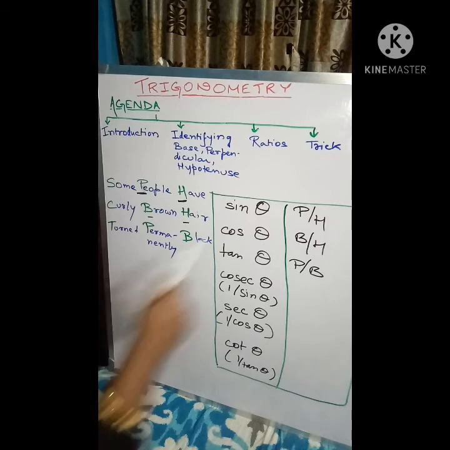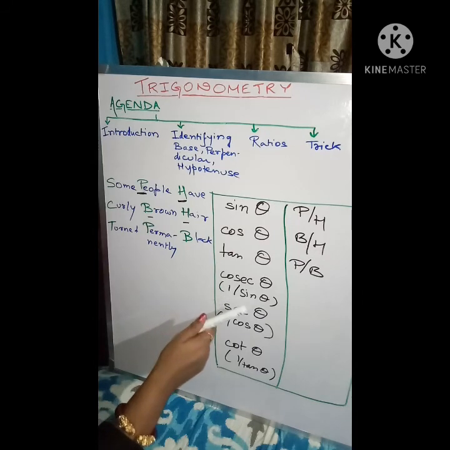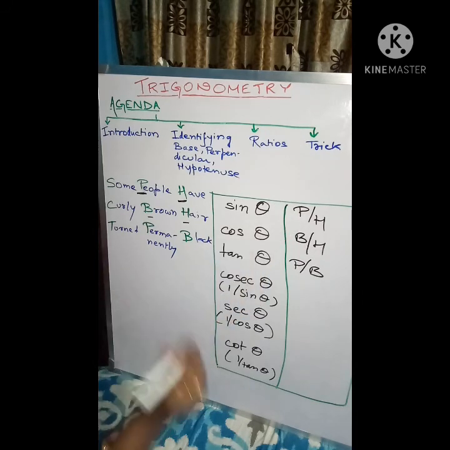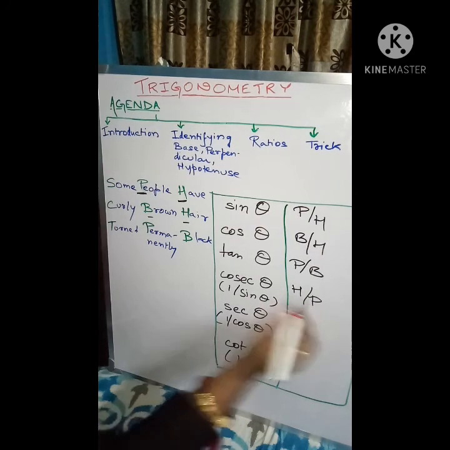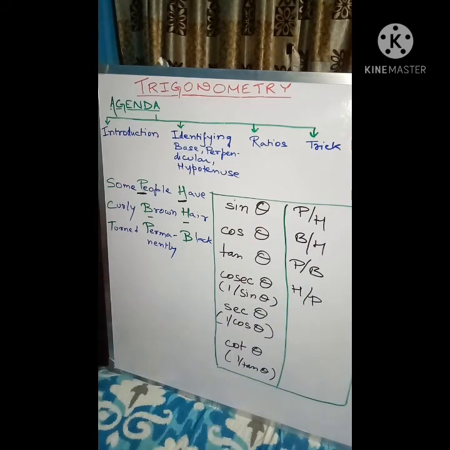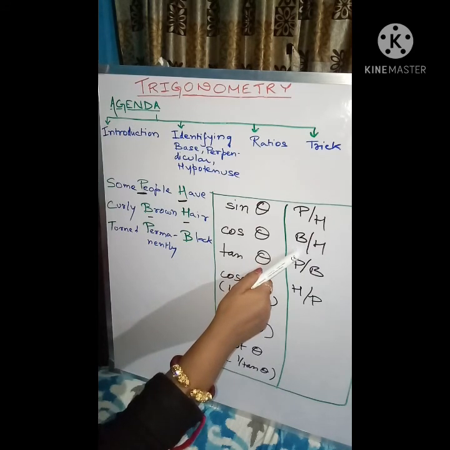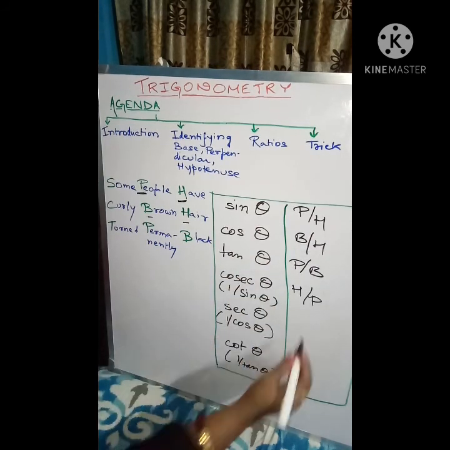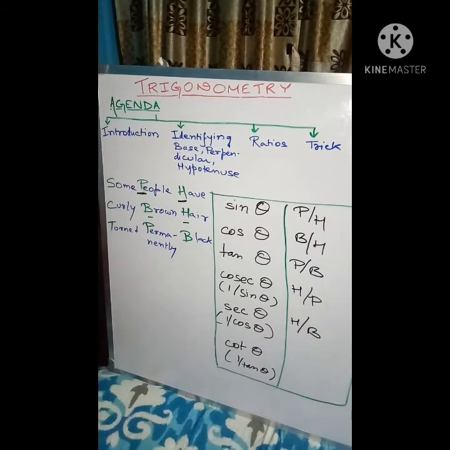If you know these three basic ratios, you can find the next three. Why? Because cosec theta is 1 by sin theta. That is, if sin theta is P by H, cosec theta will be H by P. Similarly, sec theta will be the inverse of cos theta. We know cos theta is B by H, that is base by hypotenuse, so sec theta will be your hypotenuse by base.